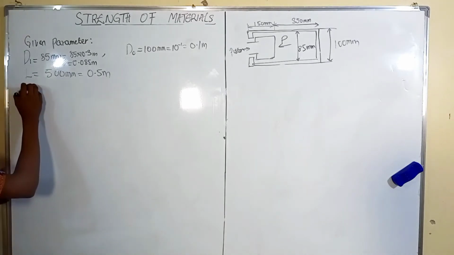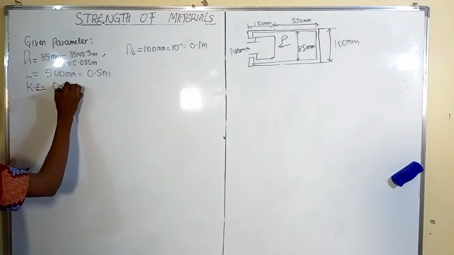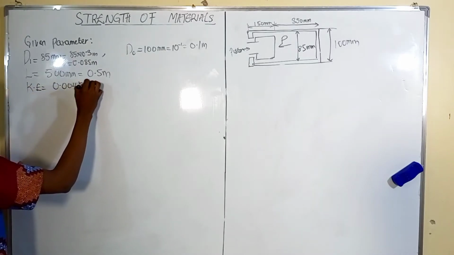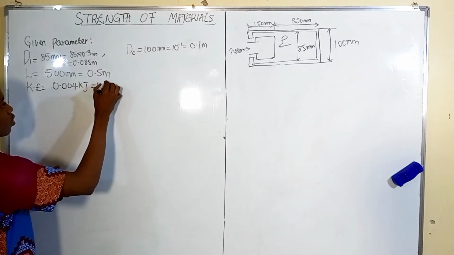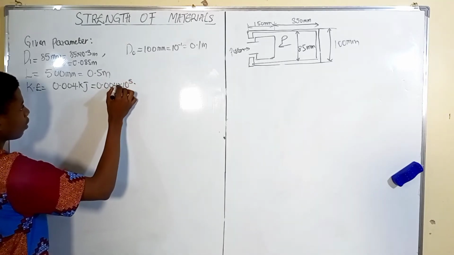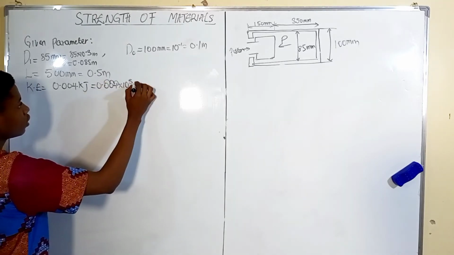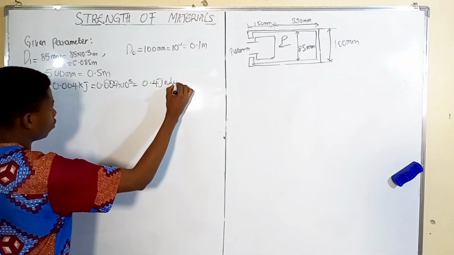Now they give us the kinetic energy of this piston, which is 0.004 kilojoules. Now kilo is 10 raised to the power 3. So we have 0.004 times 10 raised to the power 3. So we're having 1, 2, 3. This is going to be left with 0.4 joules.